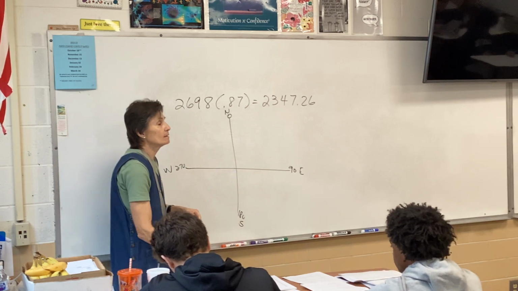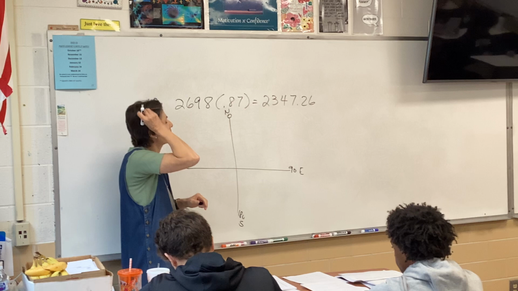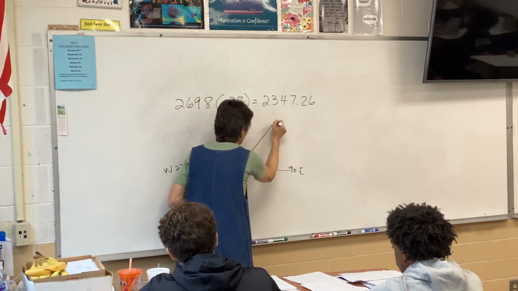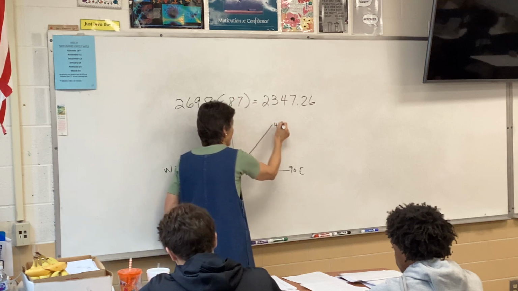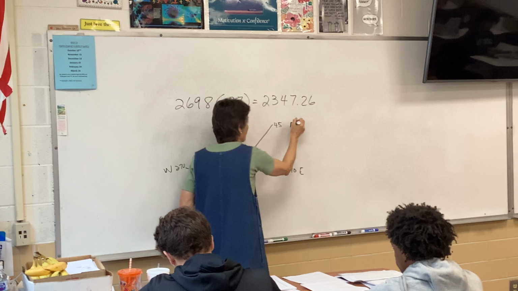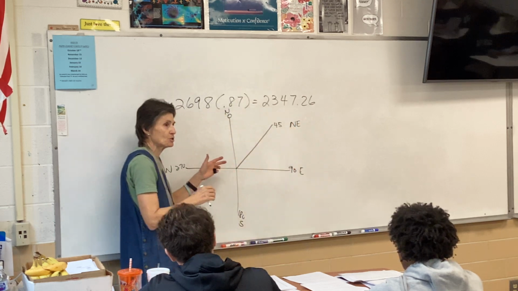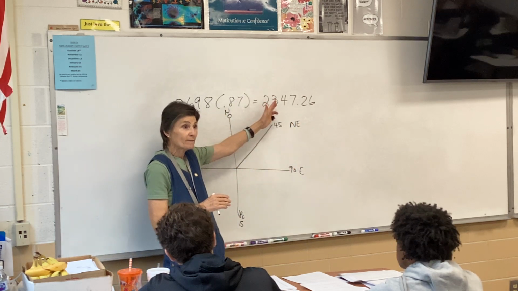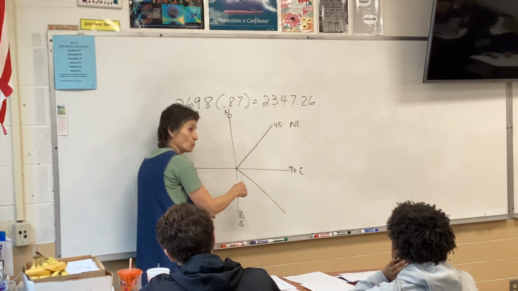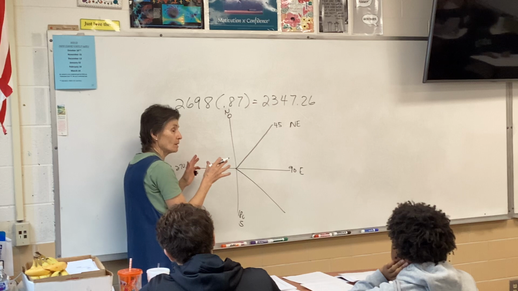Now, just a little, maybe new vocabulary, maybe not new vocabulary for you. If I draw this perfect diagonal right here, split that, make that 45 degrees, that line would be called the northeast line. Does that make sense to you, that this is the northeast quadrant? And this would be the southeast quadrant, and so on, okay?